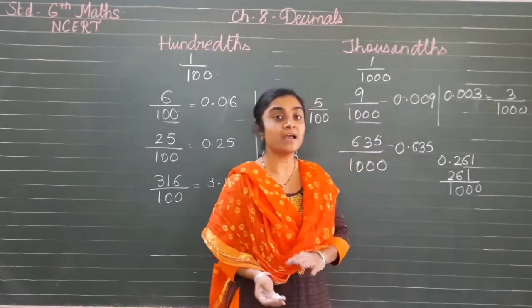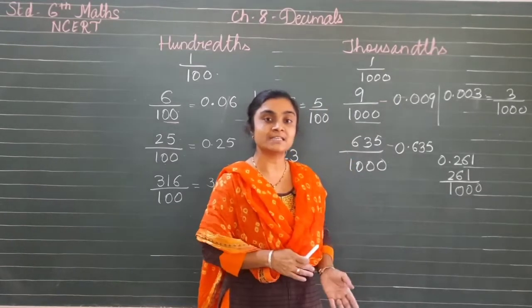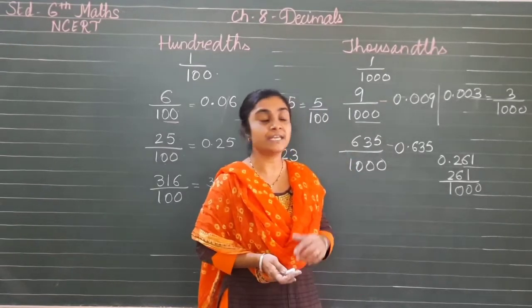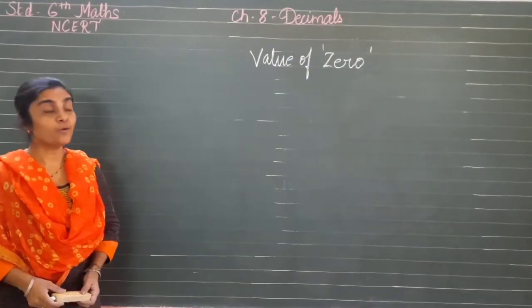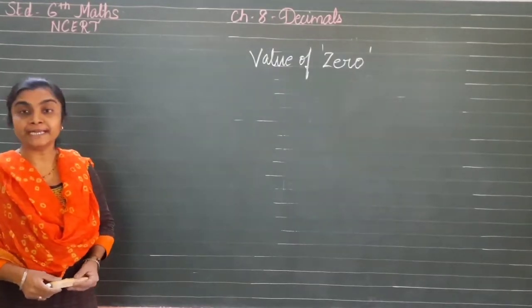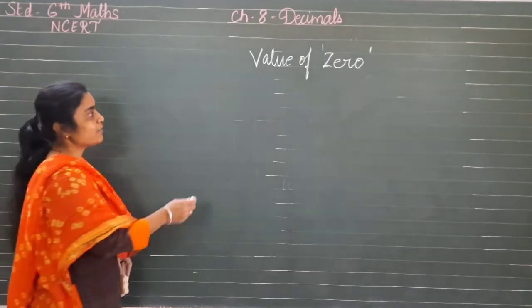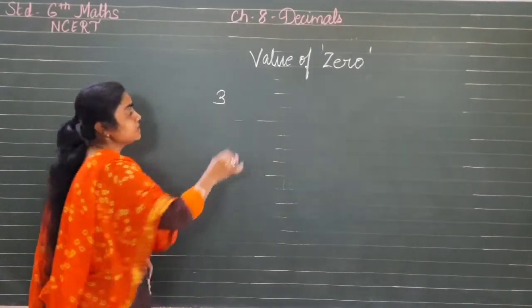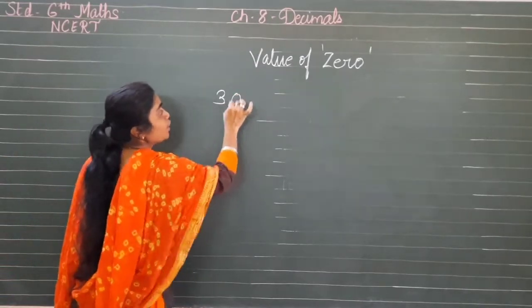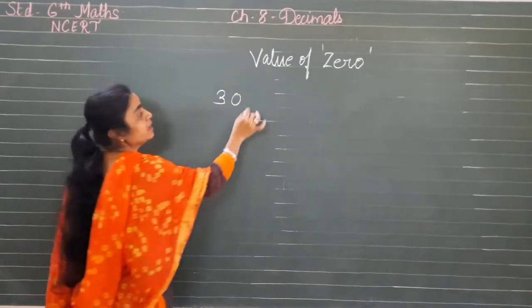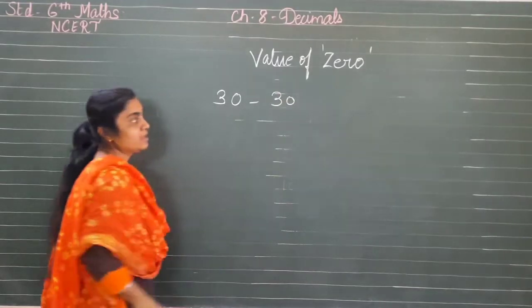So we have seen how to convert fractions into decimals and decimals into fractions in the hundreds and thousands place. Now let us see the value of 0 in decimals. Let us take one example. This is 3, a whole number. If I put 0 over here, it will become 30.